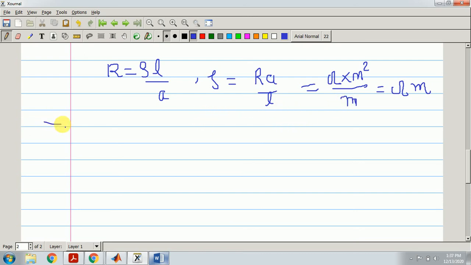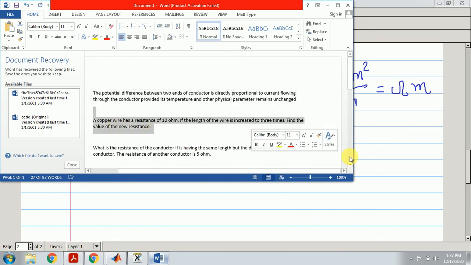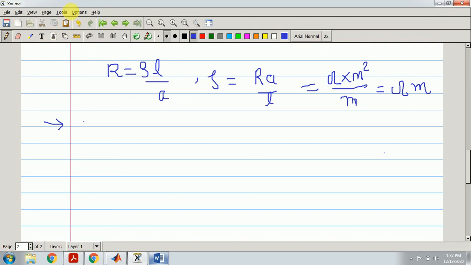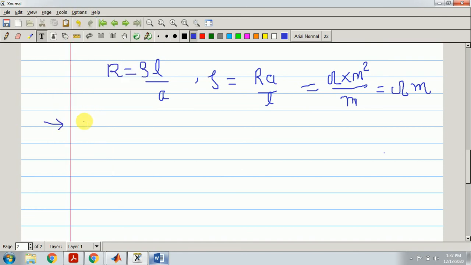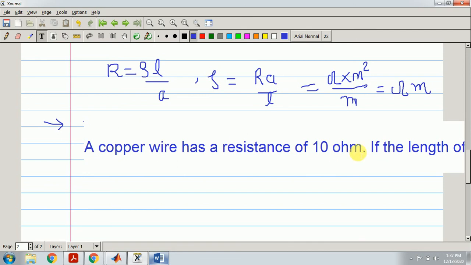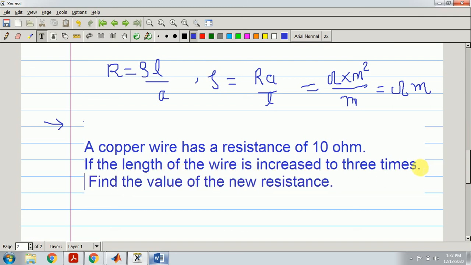Now let's have a look at one or two examples on resistance. Let's solve the first example. So if a copper wire has a resistance of 10 ohm, and the length of the wire is increased to 3 times, now you have to find out the new value of resistance.